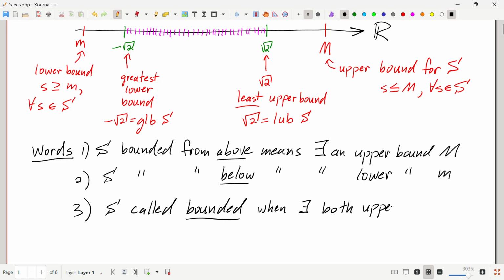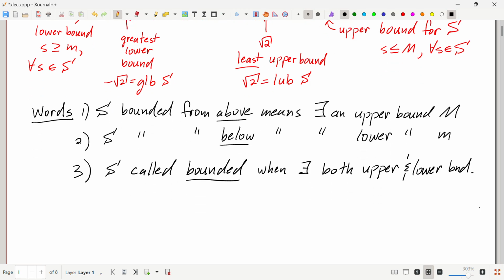Upper and a lower. Now we'll start using abbreviations. BND for bound. Yeah, so the examples I was mentioning there. Q, the whole thing, is unbounded.